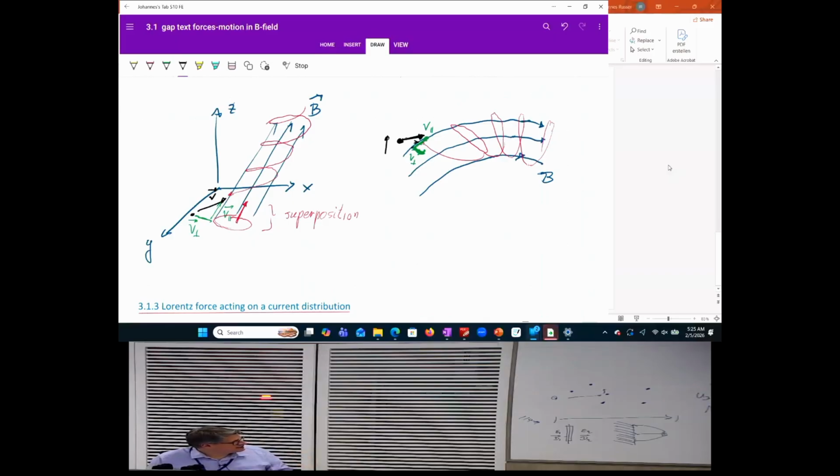But if it stays in the B field, then you will get this gyrational motion. In particular, if there's a parallel component in the velocity vector, that will turn into such a helical motion.